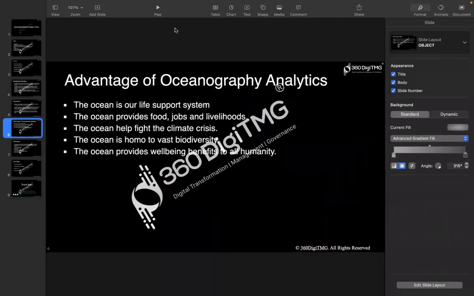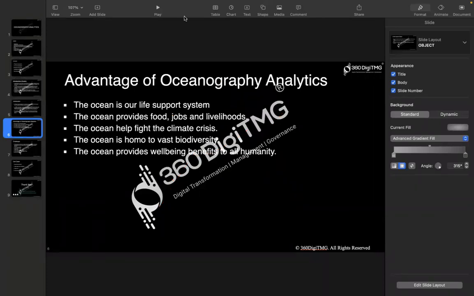So what are the advantages and the disadvantages? We will discuss the advantages of oceanography analytics first. I have some 5 points, and we will discuss other points too.